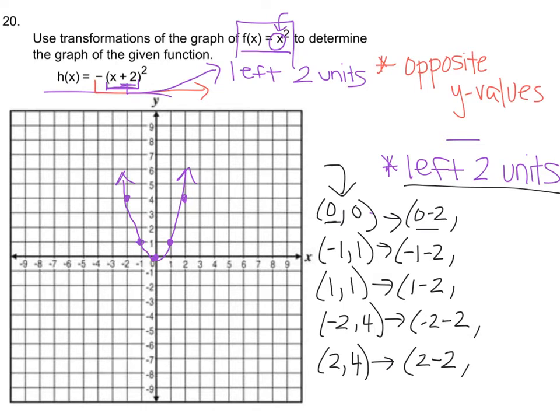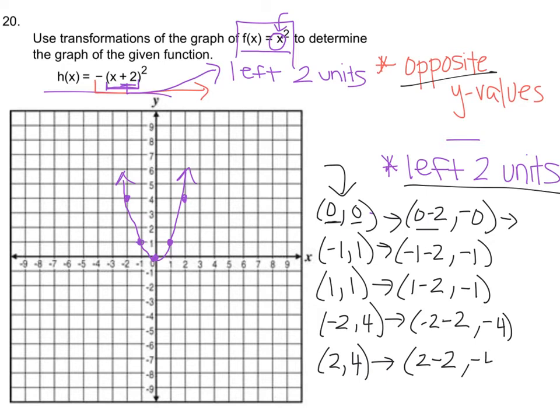Now I'm going to find my new y values, and I'm going to take the opposite of the y values. So I'm going to take the negative of the original y values, so this is a negative 0, which would just be 0, and then a negative 1 here, another negative 1, a negative 4, and then another negative 4.